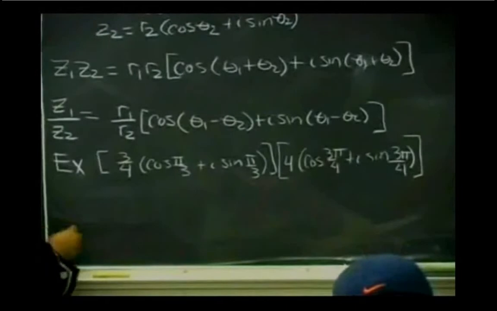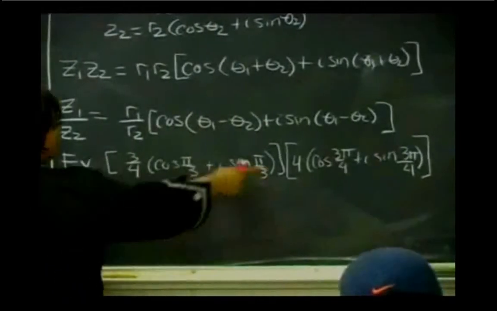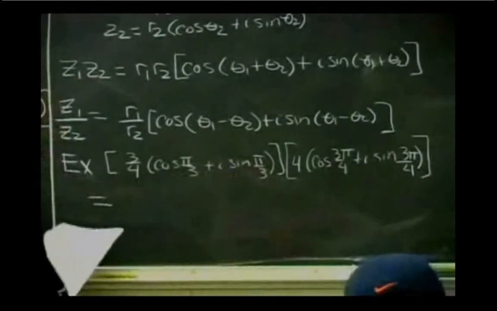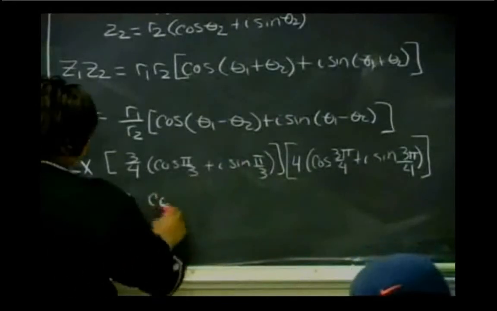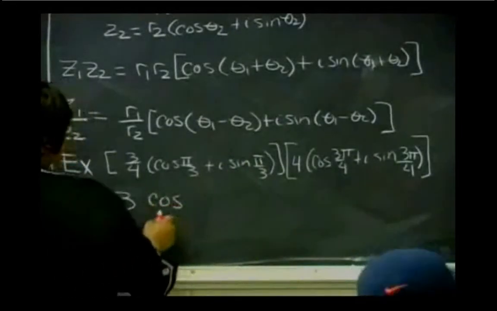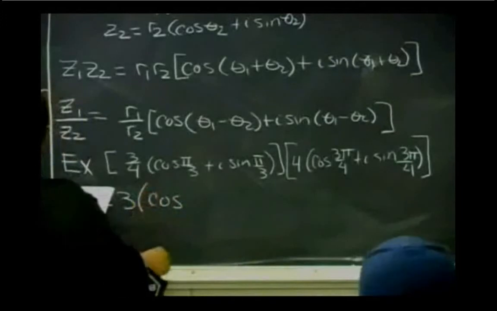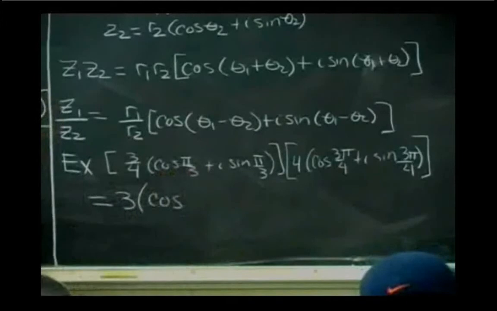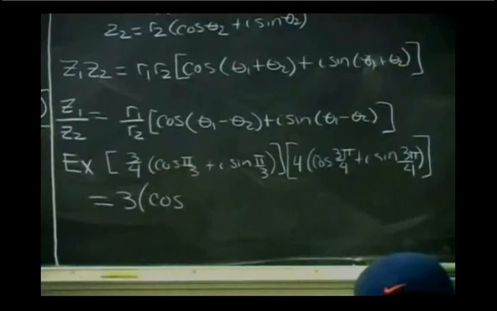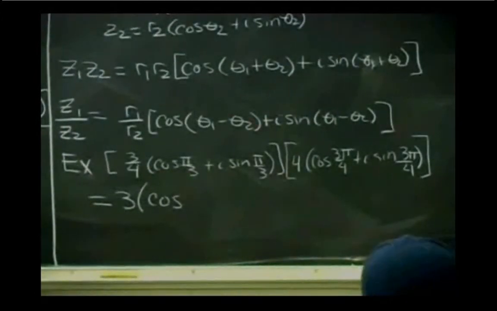So we multiply the constants. 3/4 times 4 is 3. And we add the angles. We have cosine of, what's pi over 3 plus 3 pi over 4? That's going to be the hardest thing, is finding what pi over 3 plus 3 pi over 4 is.